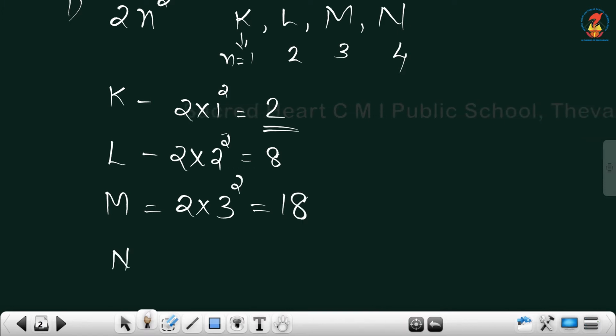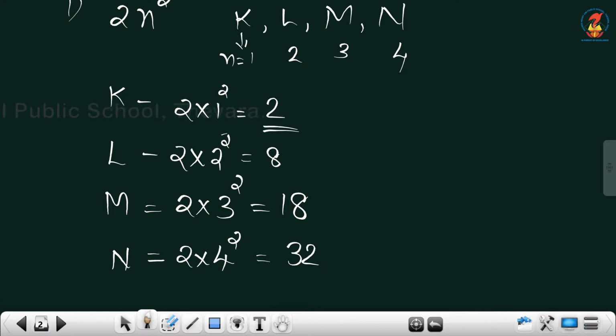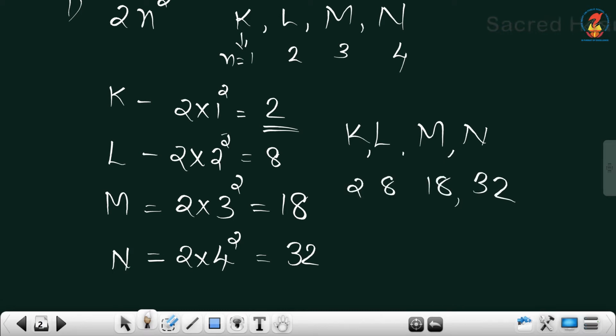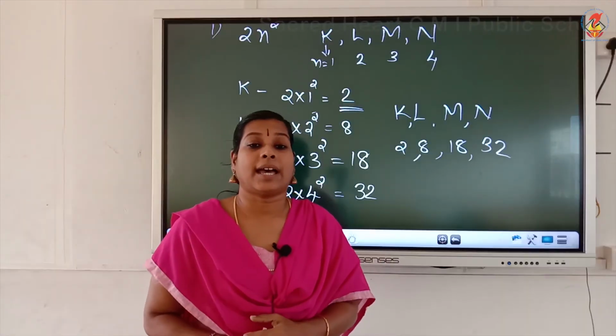For the N shell, it is 2 into 4 square, 4 square is 16, 16 into 2 is 32. So, the maximum capacity of electrons in the K, L, M and N shells is 2, 8, 18, 32. That is the maximum number of electrons which can be held by that particular energy level.